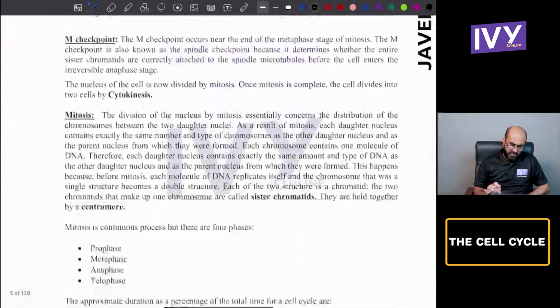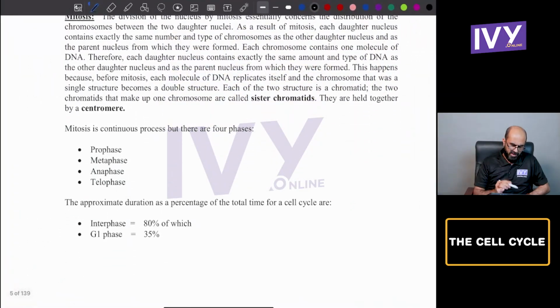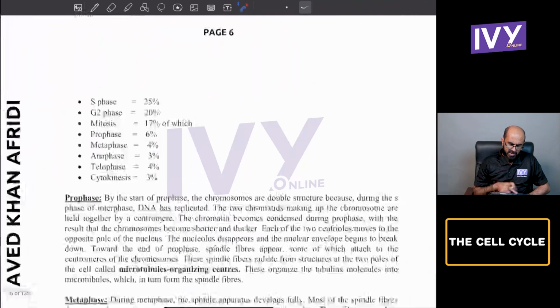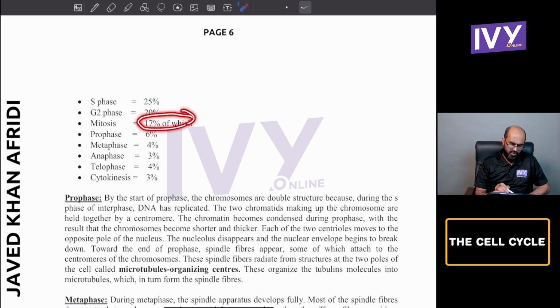Here they have given some time periods for the divisions. Interphase occupies about 80% of the time, in which the G1 phase occupies about 35%, the S phase 25%, and G2 20%. Mitosis is 17%, of which 6% is prophase, 4% is metaphase, 3% is anaphase, and 4% is telophase, and 3% is cytokinesis.